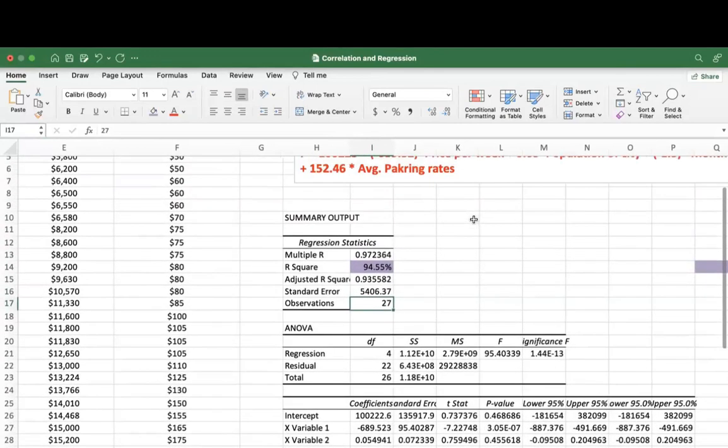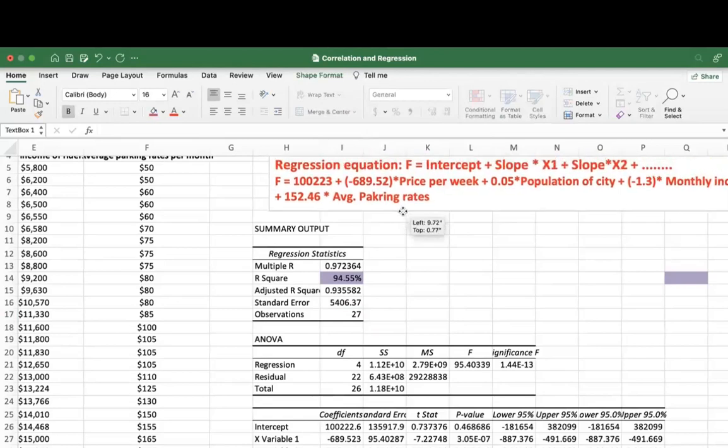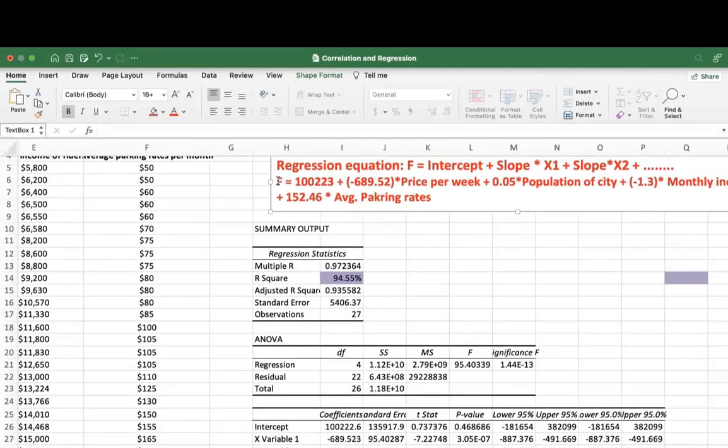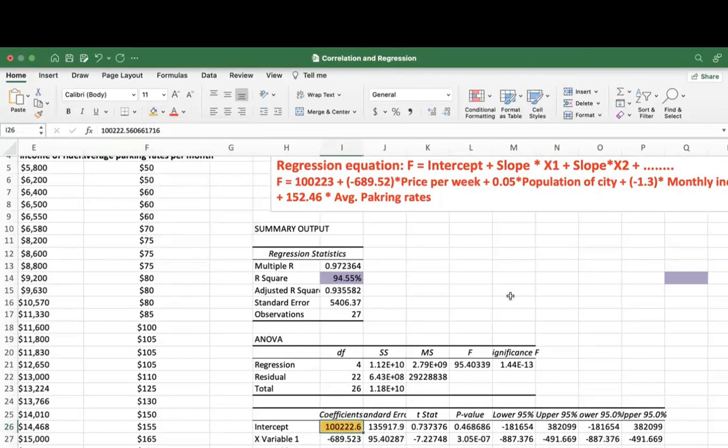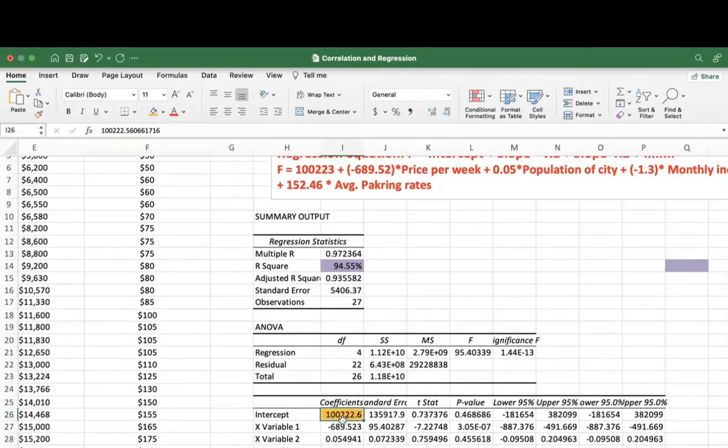And then the next thing is that we have to make an equation, and that's one of the critical parts. I have made this equation, which means forecasting. Forecasting for number of weekly riders is equal to intercept. This is our intercept, and again, let me use a different color this time. So this is our intercept, which is 100,222.6, which means when the value of x is 0, then this is the value of y.